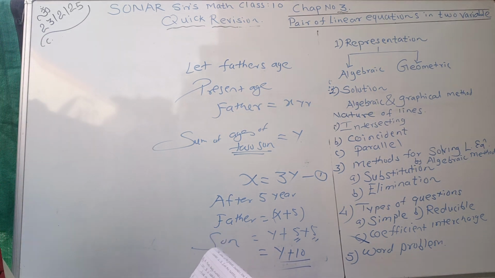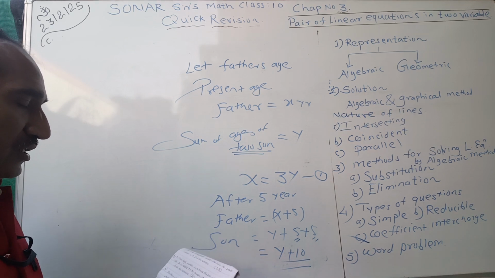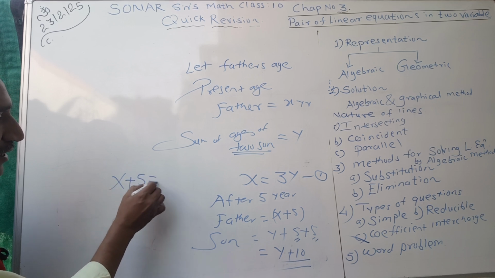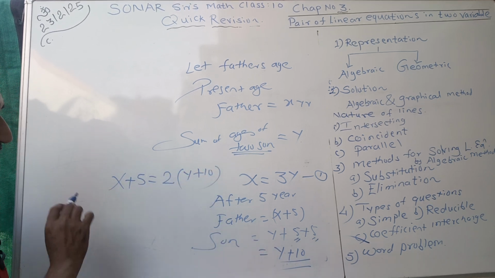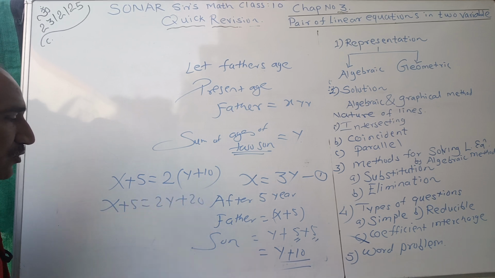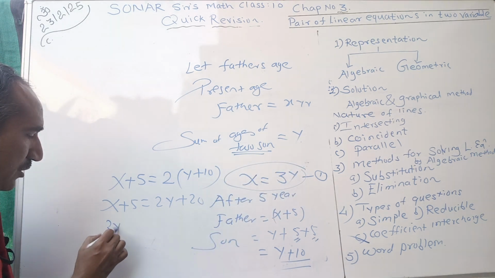This is the turning point of the question. After 5 years, the father's age will be twice the sum of the ages of the children. The father's age after 5 years, x plus 5, is twice the age of the children. We'll solve this. x plus 5 equals 2y plus 20. So in place of x we can put 3y, again the substitution method.